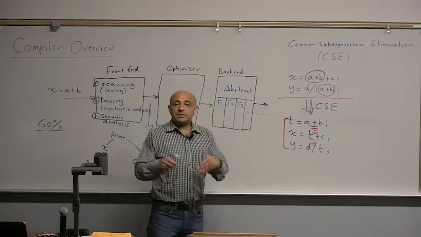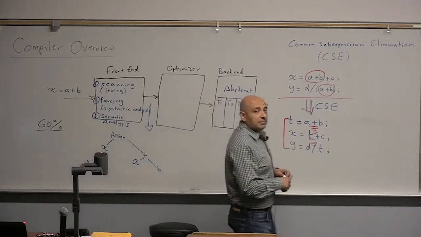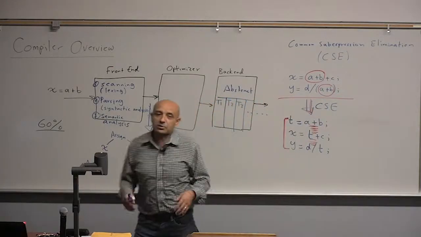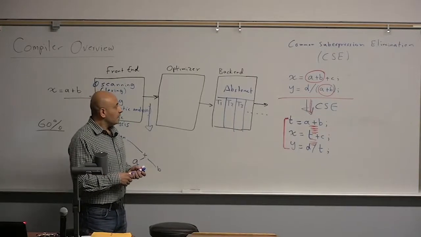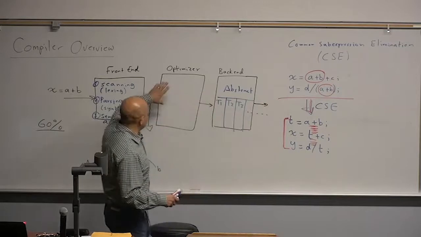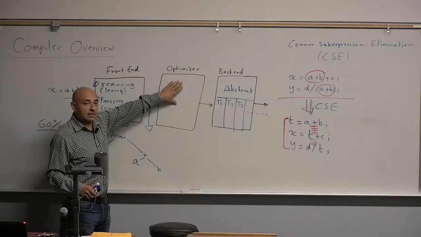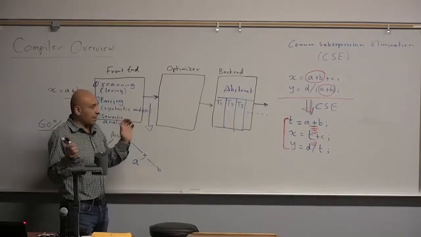And in a good optimizing compiler, compiler optimizations make things better most of the time. Okay? So this is only one example of those transformations that are implemented in the optimization phase. This is just one example, just to give you an idea.